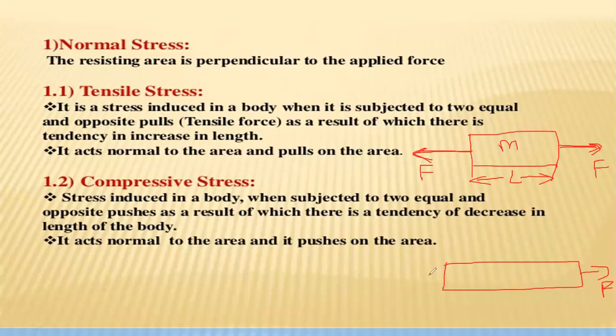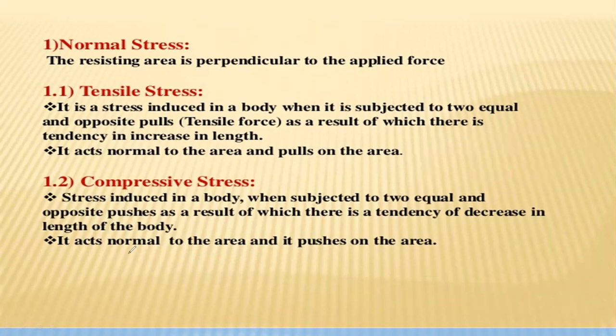So we applied the force. Some force is applied on that object, and the length of the object is increased. So that is called tensile stress. And now you can see what is compressive stress.